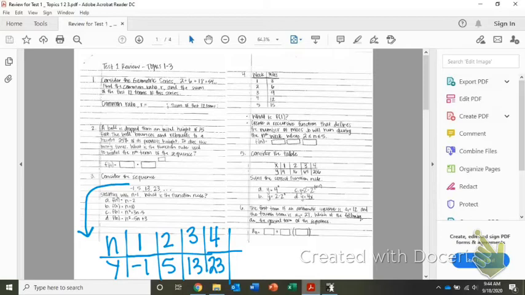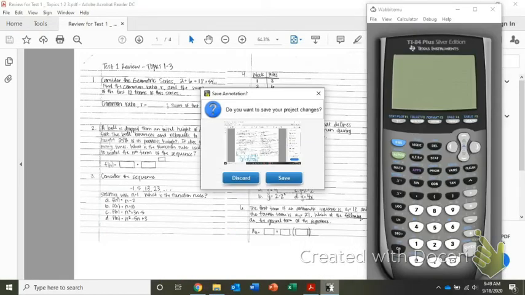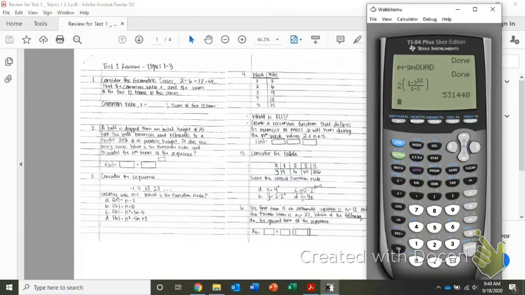So, for the first one, I'm plugging in a positive 1. So 1 minus 2. Well, that one works.